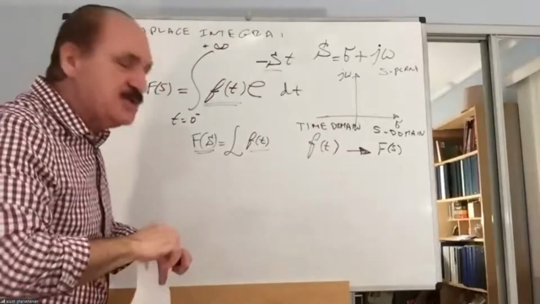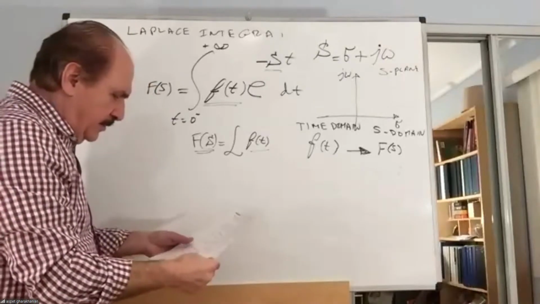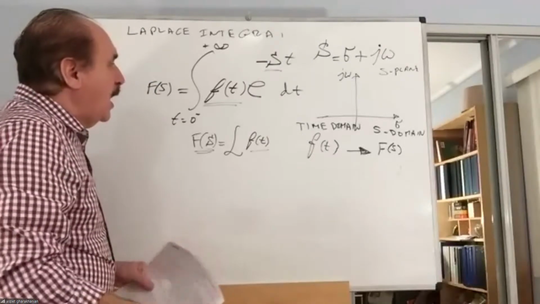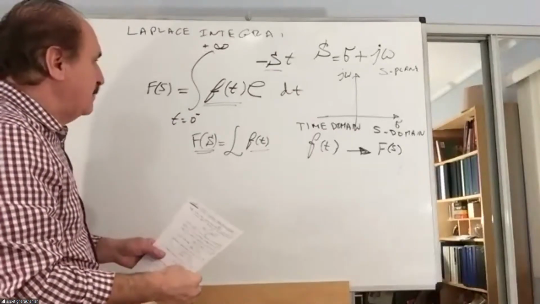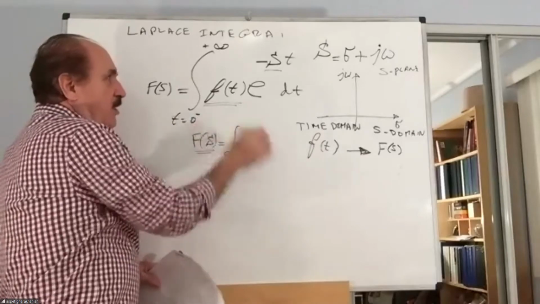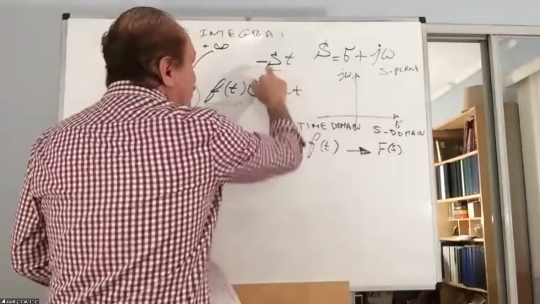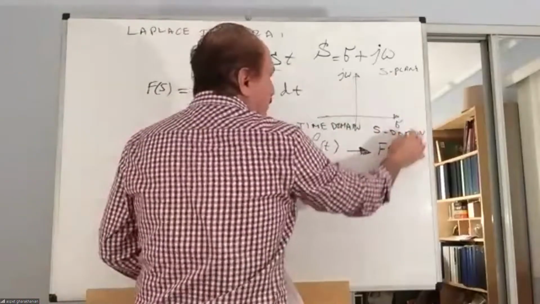Okay. Let us start step by step. Here, the Fourier transform basically will be identical to the Laplace transform when s is substituted by j omega. In other words, the sigma part is taken out.